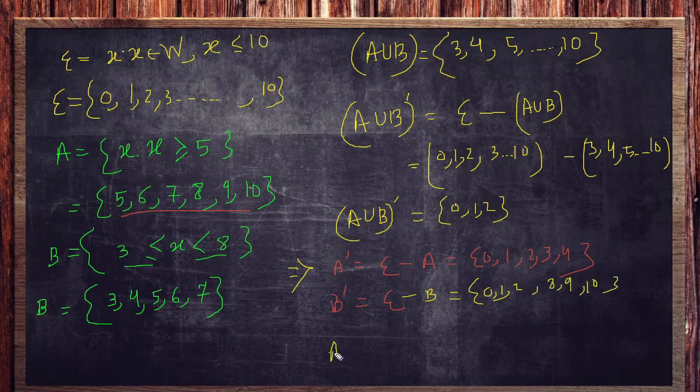So after doing A dash intersection B dash, which are the common parts that are available? If you see once, the available common parts are 0, 1 and 2, which are completely equal to the set A union B whole dash. So LHS is equal to RHS. We have the proof right now. You can write it, LHS is equal to RHS.